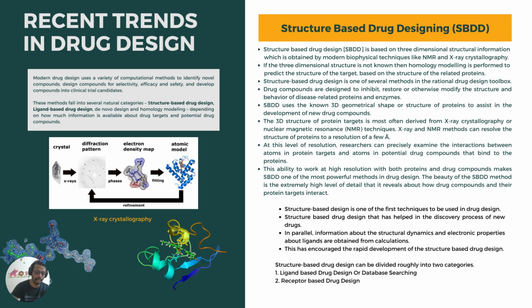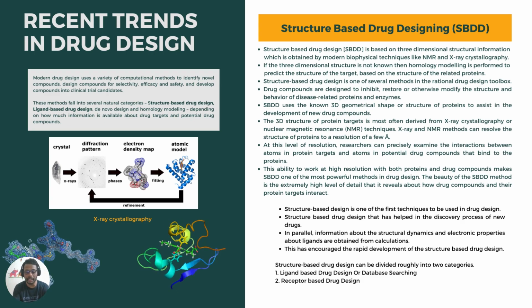By using X-ray crystallography, we usually know the structures of chemical molecules, protein molecules, or any target molecule. Based on the structures identified by different biophysical techniques such as NMR and X-ray crystallography, various kinds of three-dimensional structures are known.